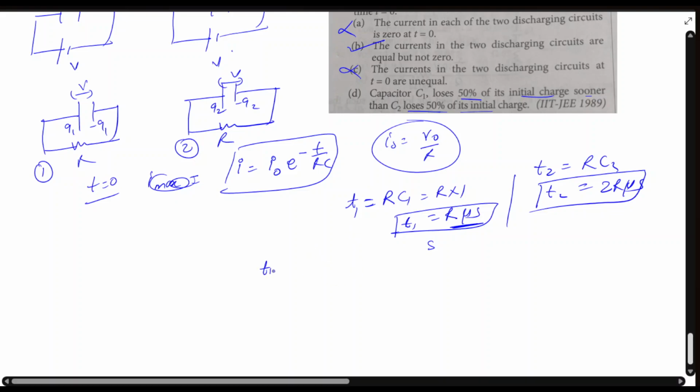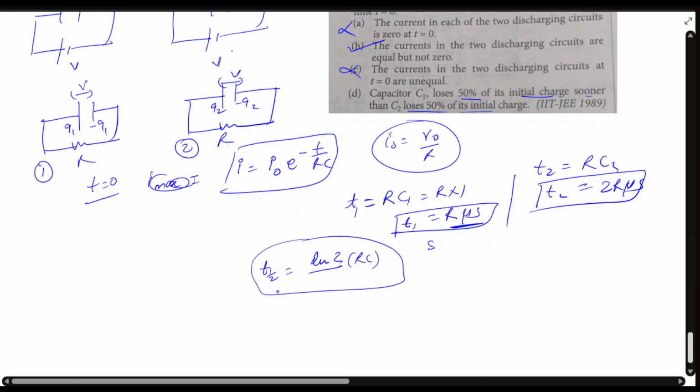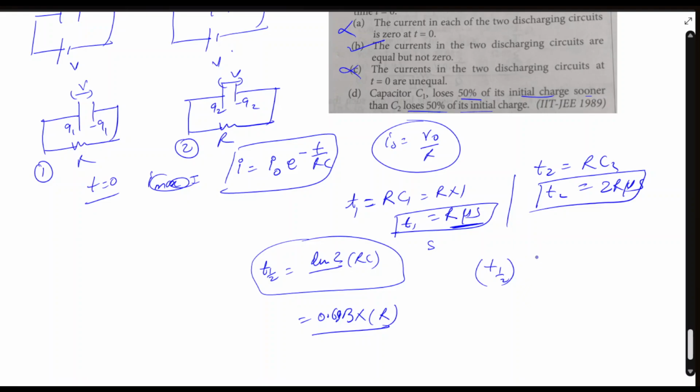So you know the time taken to lose half the charge, T half, will be ln2 multiplied by the time constant, which is RC. Yes, you must know this formula. So look, the capacitor of 1 took the time 0.693 into R, whereas the half-life, you can say the time where 50% of charge is lost, for 2 will be 0.693 into 2R.